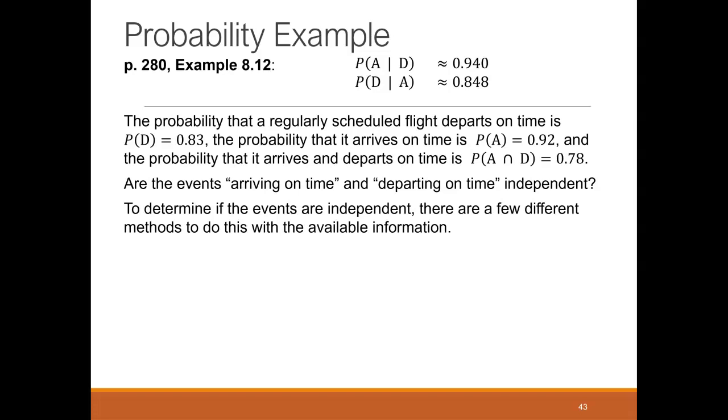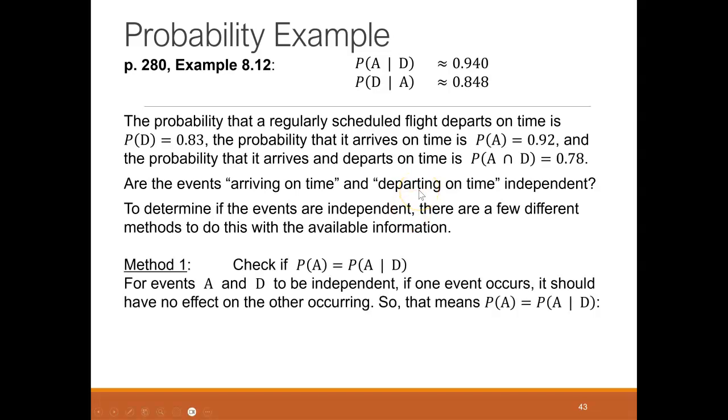One way is to check to see if the probability of A is the same as the probability of A given D. Right? Because that's our definition of independent. Before, we calculated the probability of A to be 0.92, or that we're given that, and we calculated the probability of A given D to be 0.94. So what can we say? They're not independent, right? Because the probabilities are not equal.